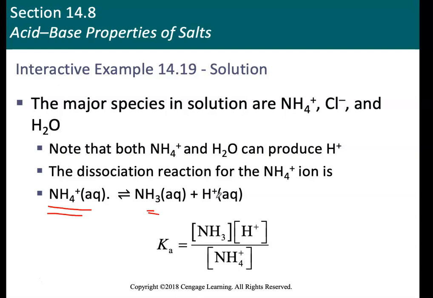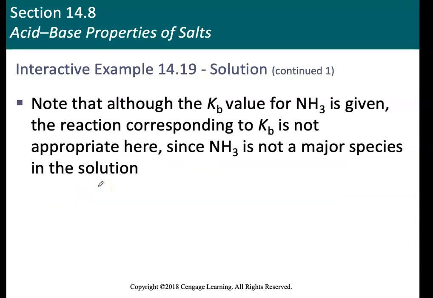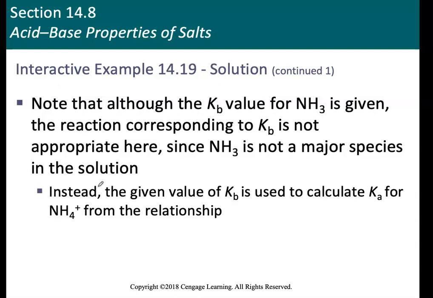That's the ionization constant of the acid, because this is the acid species. Note that although the Kb value for NH3 is given, the reaction corresponding to Kb is not appropriate here. The reason is that NH3 is not the major species. We are looking at NH4 because it is a salt that will be formed.